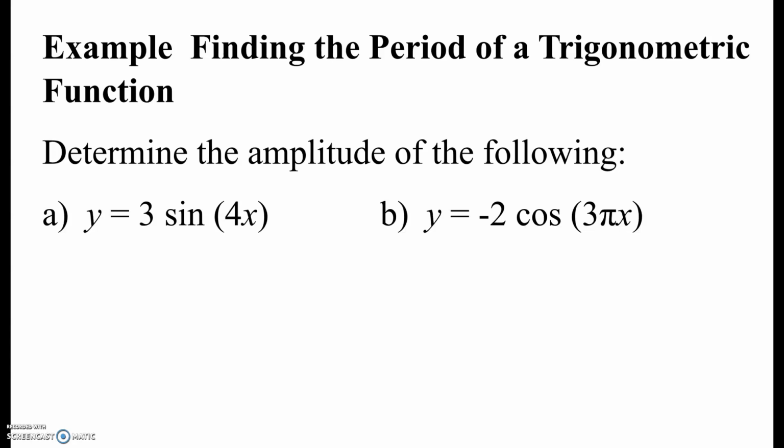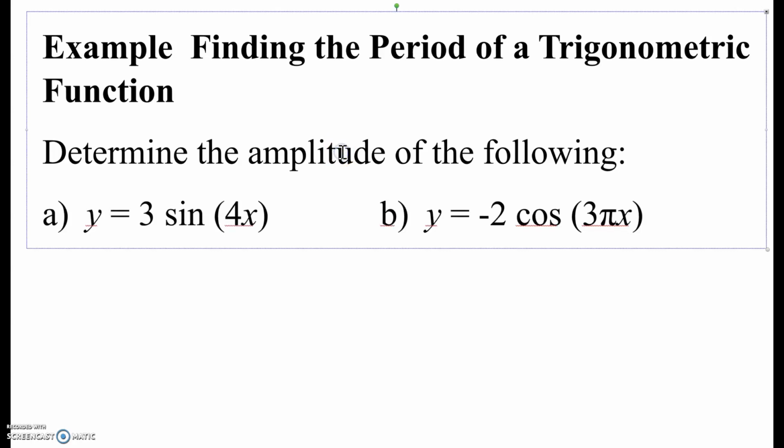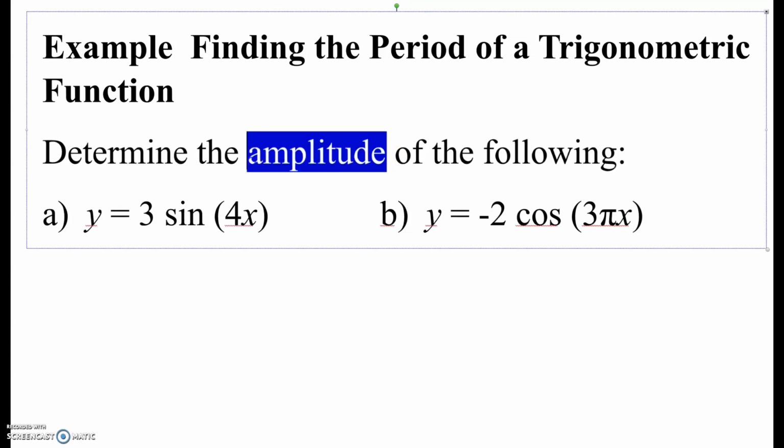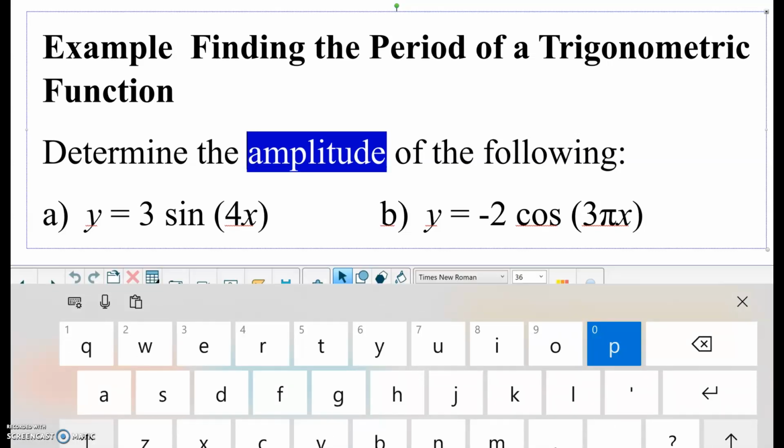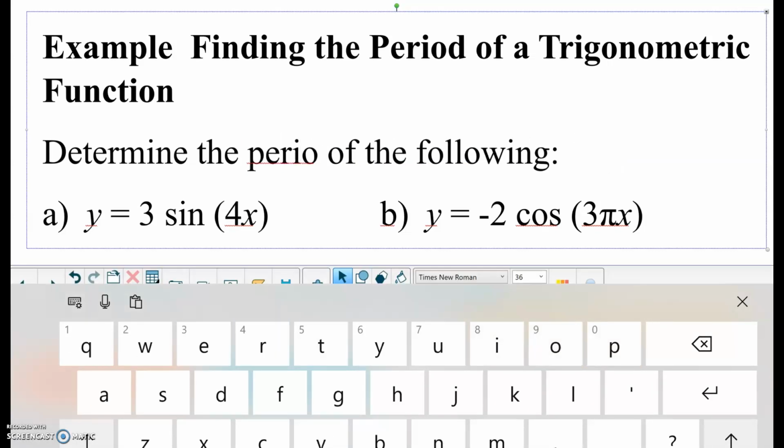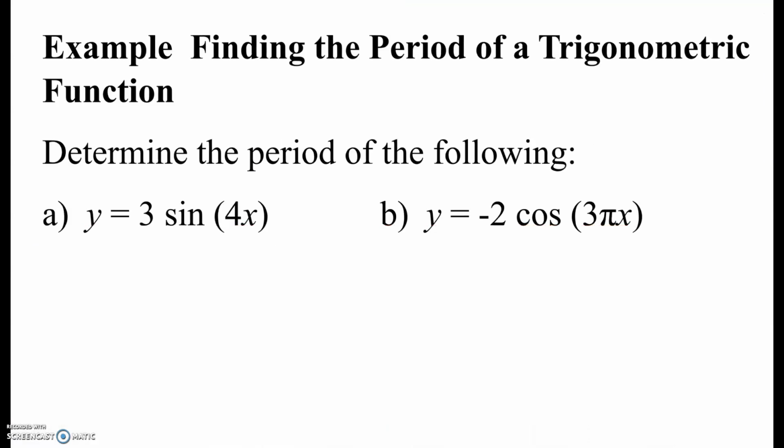So we have y equals sine 4x, y equals negative 2 cosine 3 pi times x. And we want to find not the amplitude, but the period.